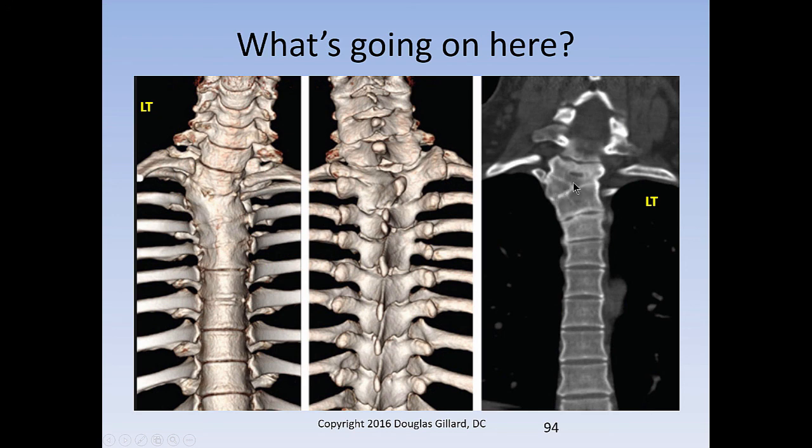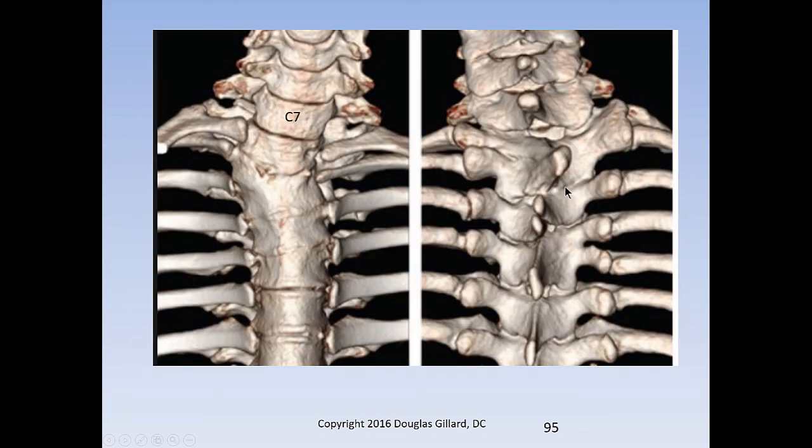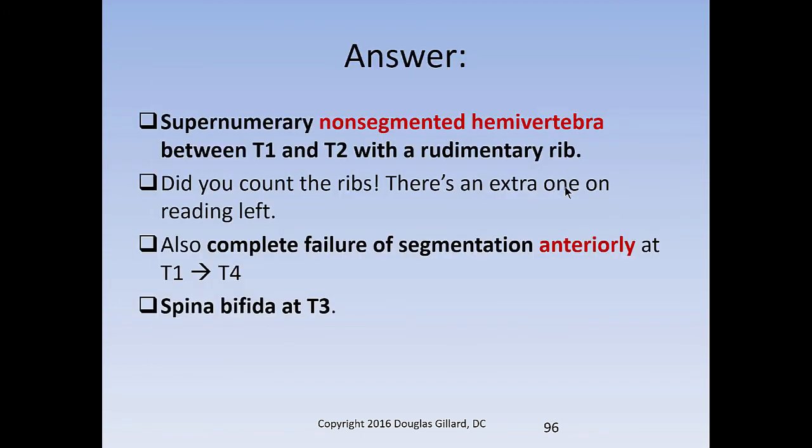And is it segmented or non-segmented? There's no segmentation. It's basically fused, so it's a non-segmented hemivertebra. That's a tough one. Non-segmented hemivertebra. Yep, rudimentary ribs in there. Okay.